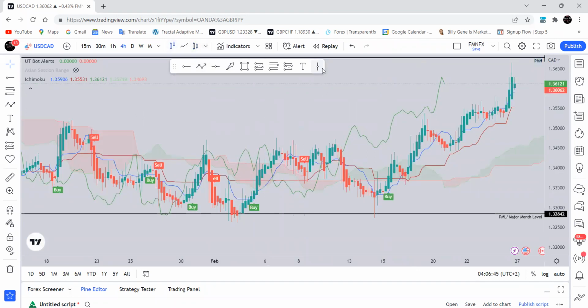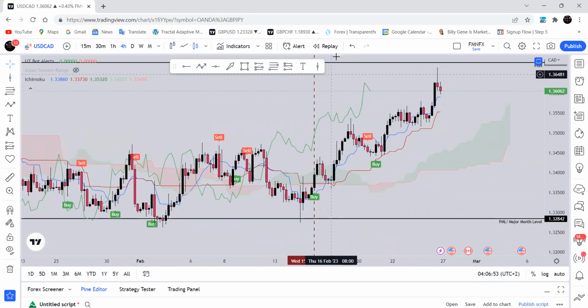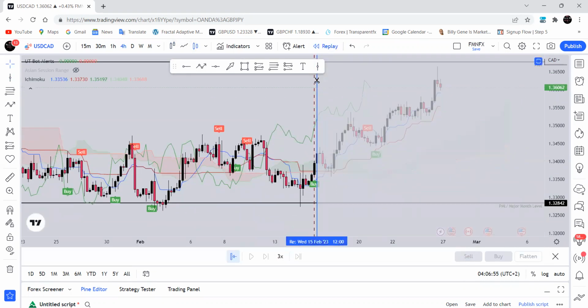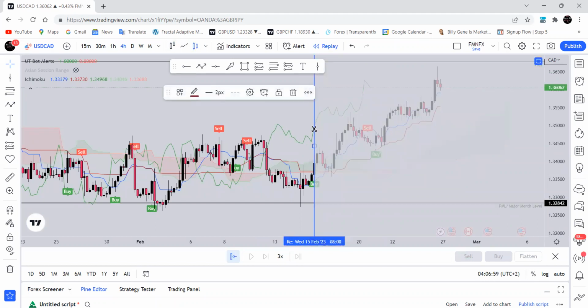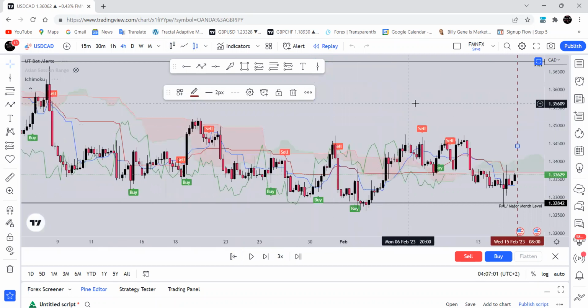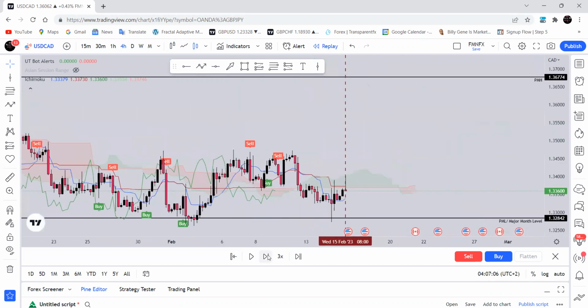But you see, it's so many. So let's just put where it said buy. It said buy right there. Okay, it's still there. Cool. And then let's put on our replay so you can see what it looks like in real time. So you see, and then boom, you get that buy signal.